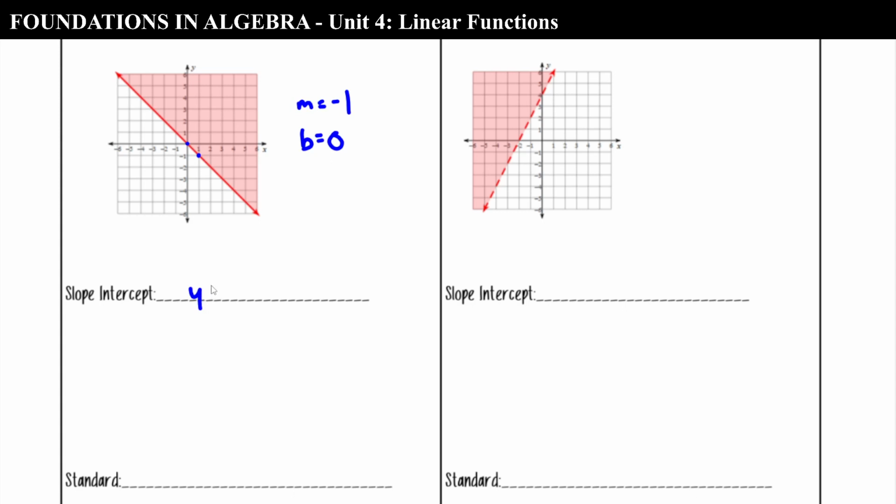So we have y, we're shaded above, so it's going to be greater than, and we have a solid line, so it's equal to negative x. No plus 0 on the end because there's no y-intercept. So now we're going to add x to each side to get our standard form, and that is x plus y is greater than or equal to 0.